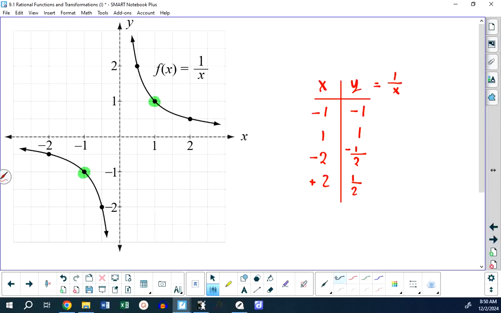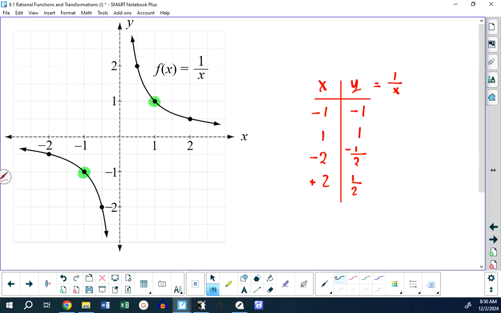Because the function is 1 over x, as x gets larger, 1 over x gets smaller. So that's why when x is 2, y is a half, or when x is negative 2, y is negative 1/2.